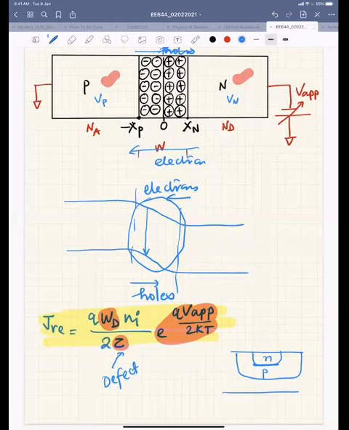Interestingly, the recombination current also has an exponential dependence on applied voltage, but the slope is different. The slope is 1/2, not 1.